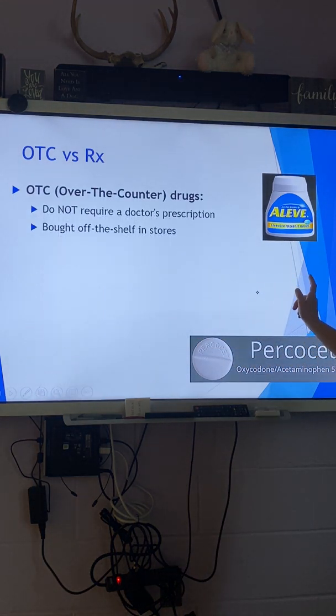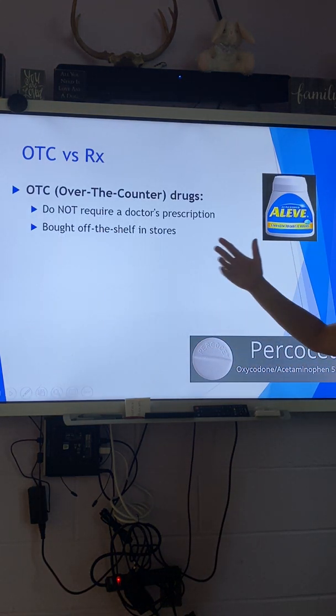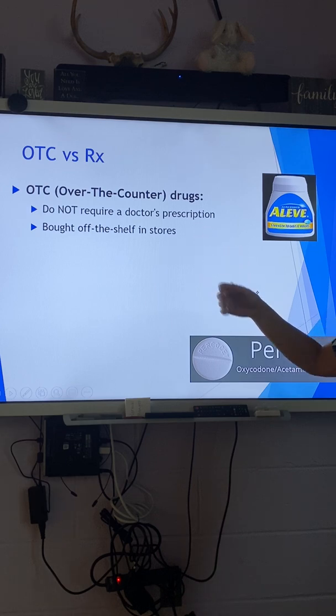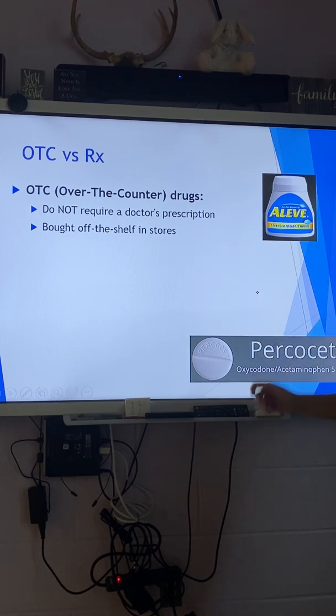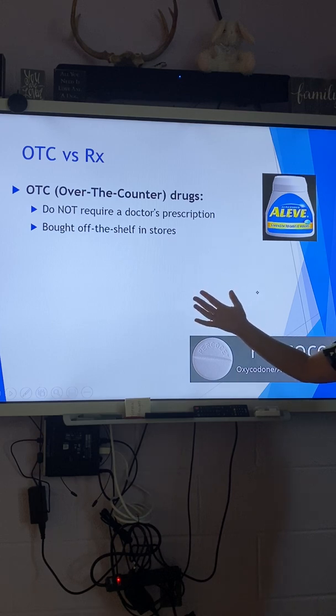So over the counter is right off of the shelf. The doctor might say, hey Juliana, why don't you try ibuprofen and Tylenol at the same time? That's not a prescription though, okay? You still can go right to the shelf and buy it.